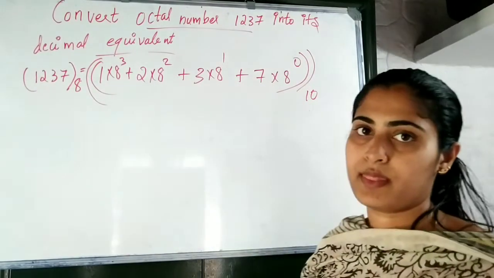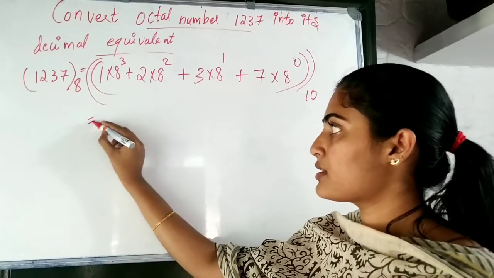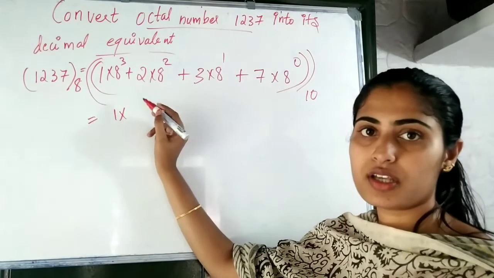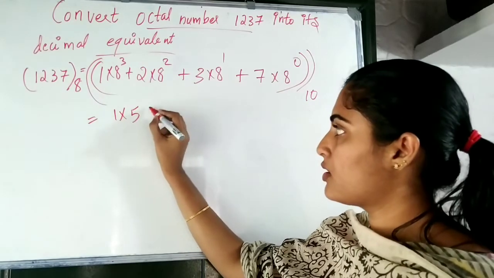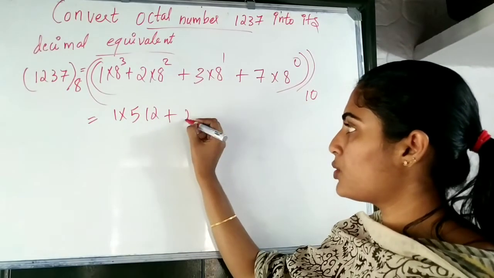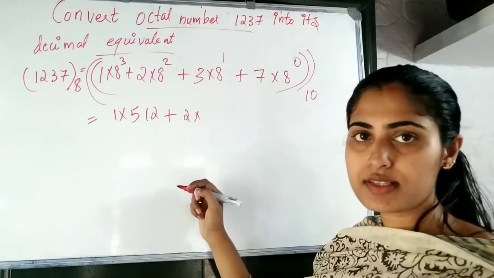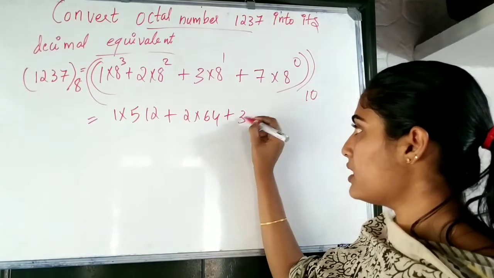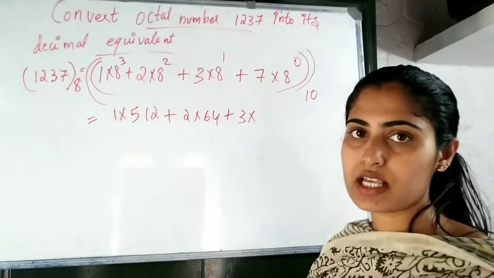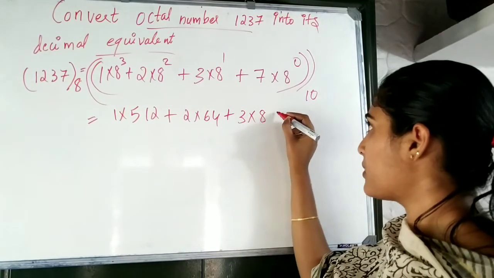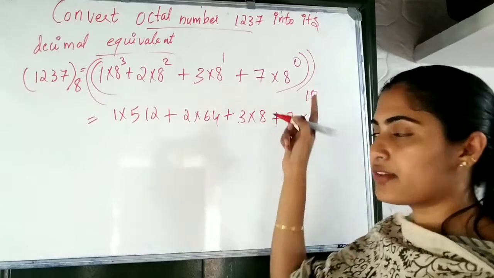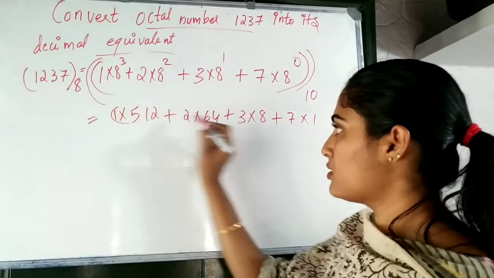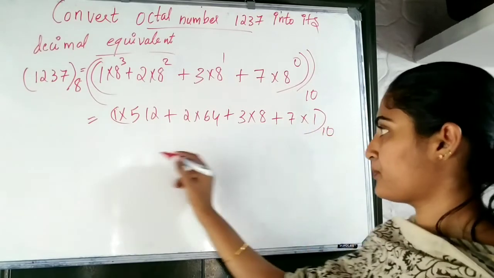Let us evaluate these terms. 1 into 8 raised to 3 is 512, plus 2 into 8 raised to 2 is 64, plus 3 into 8 raised to 1 is 8, plus 7 into 8 raised to 0 is 1, subscript 10.